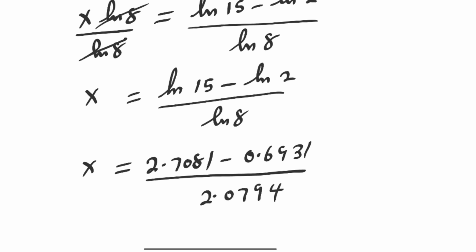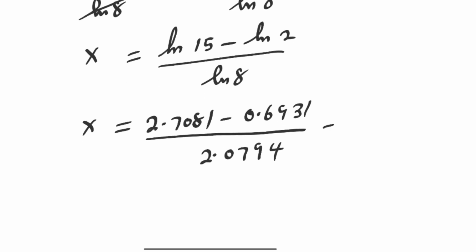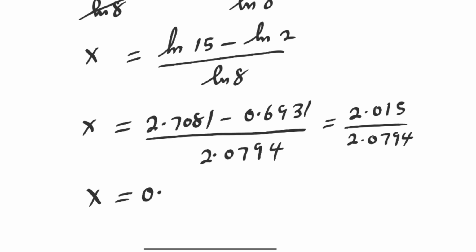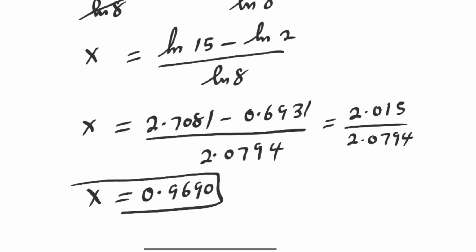And if you use your calculator very well, this is the same thing as 2.015 over 2.0794. S will be equal to 2.015 divided by 2.0794. We have 0.9690. This is the value of s if you use your calculator, and you can solve this in less than 1 minute.